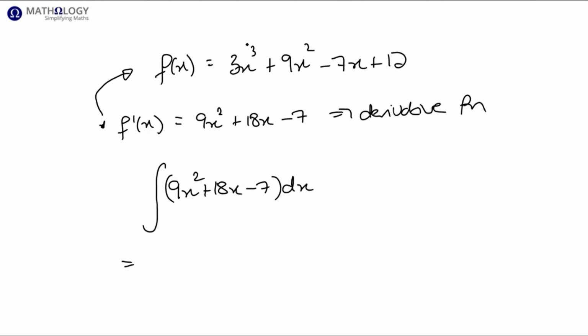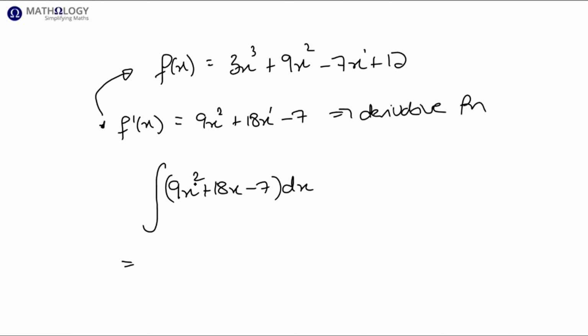Now when we differentiate, we multiply the exponent by the coefficient. 3 times 3 is 9, and we subtract 1 off the exponent. 3 minus 1 is 2. Then we differentiated 9x squared. 2 times 9 is 18, and we subtracted 1 off the exponent, so we had x to the power of 1. And then likewise, 1 times minus 7 is minus 7, and then x to the 1 minus 1, x to the 0, which is 1. And then 1 times minus 7 is still minus 7.